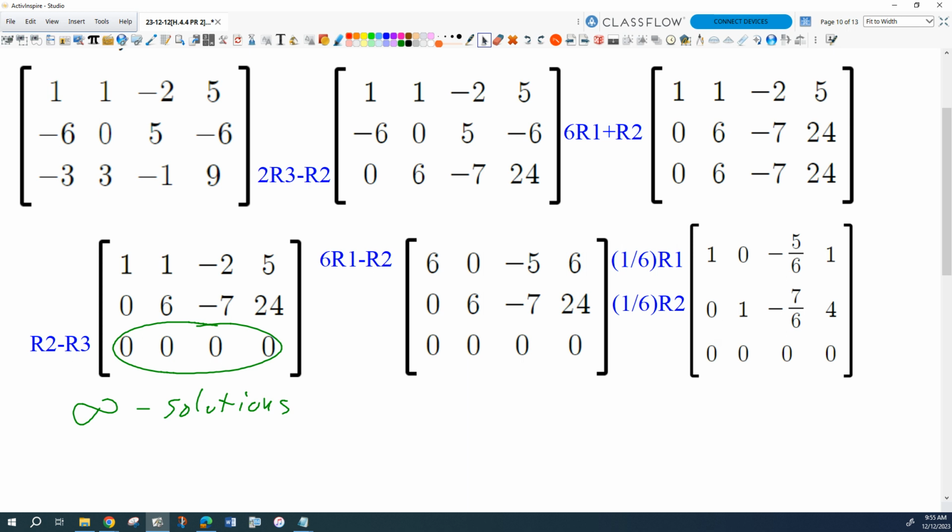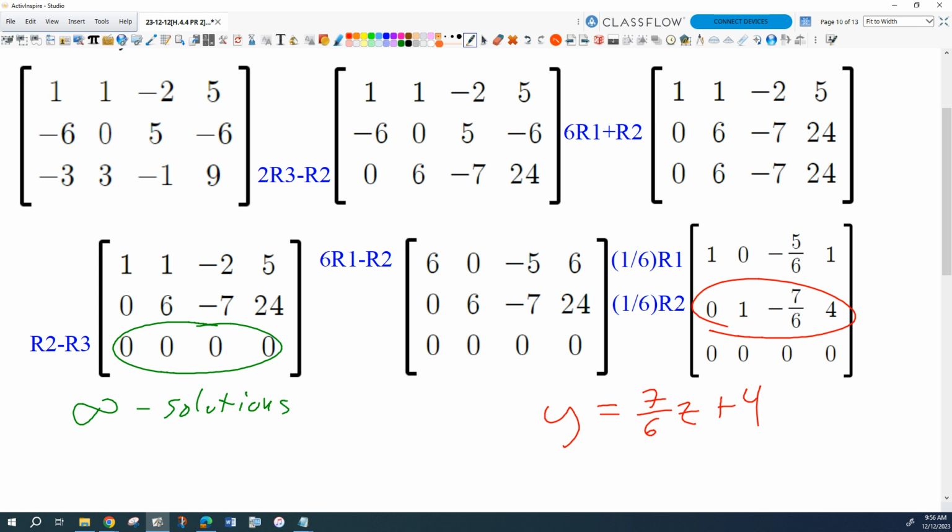What's that telling me? 1y plus -7/6 z equals 4, right? So if I solve that for y, that's telling me that y equals 7/6 z plus 4.